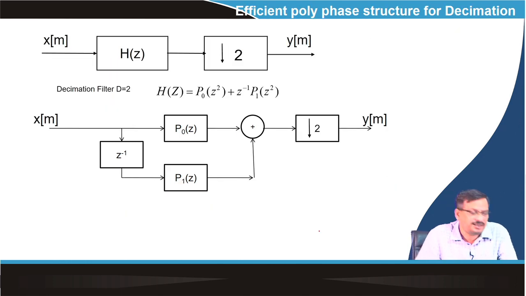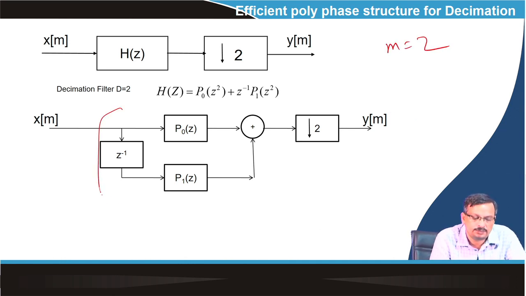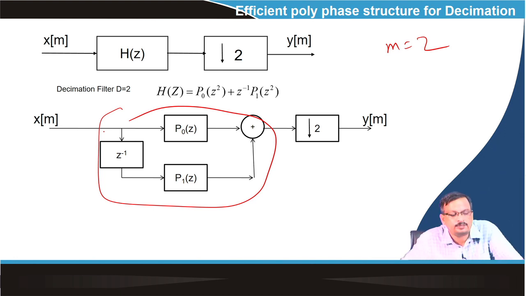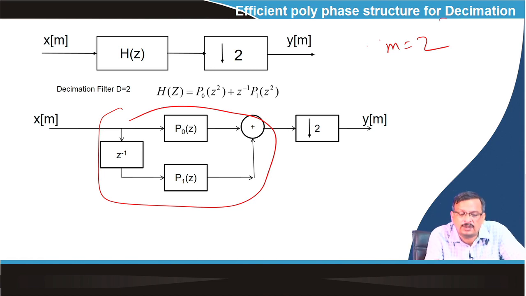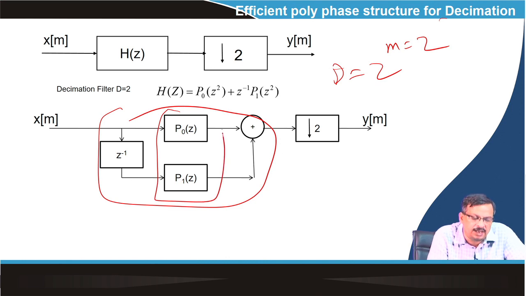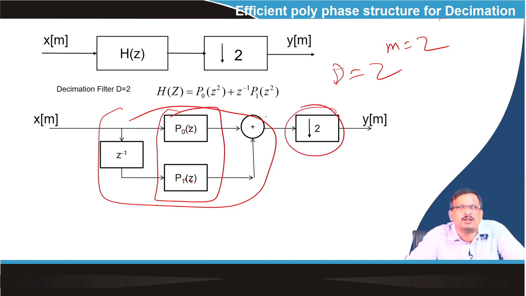Similarly, let us say m equal to 2. Okay, so this is a decimator. The decimation factor D is equal to 2. So I decompose that filter in two polyphase form, and then I decimate by a factor of 2.